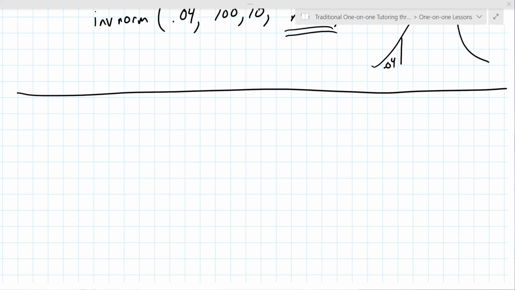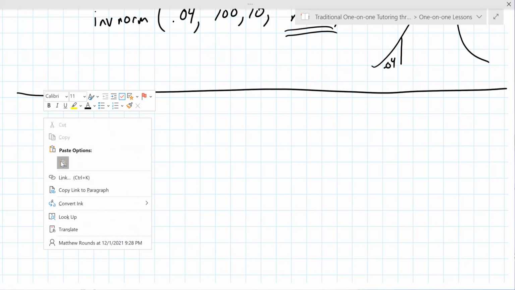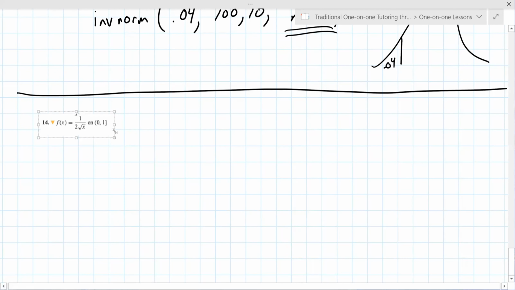Yeah, I see a bunch of problems here. Number 14. All right. And you're supposed to do these by hand. Yeah, we can use the calculator. Okay, how's your calculus? This is tough.